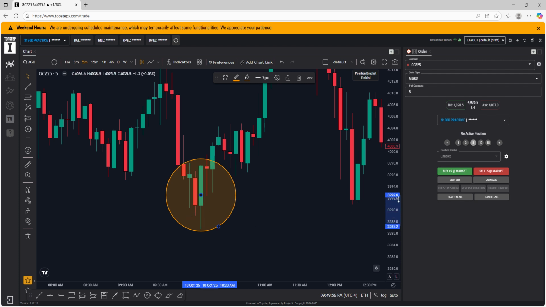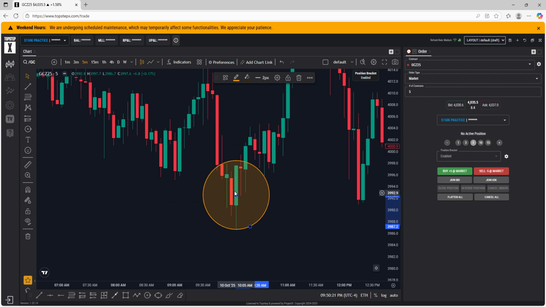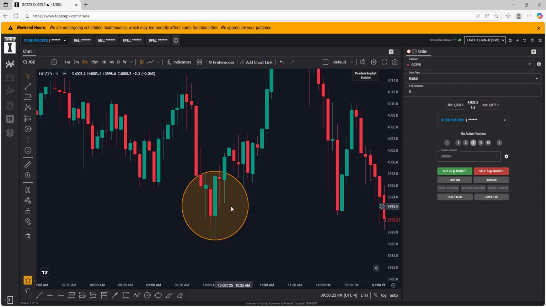Now, eventually we're going to get into how to identify what we call swing lows and swing highs. But right now, the 2 candle close rule is what I want y'all to work with in the beginning, because we're going to be adding on knowledge as we go. But this being the lowest point, this would be the swing low by definition.